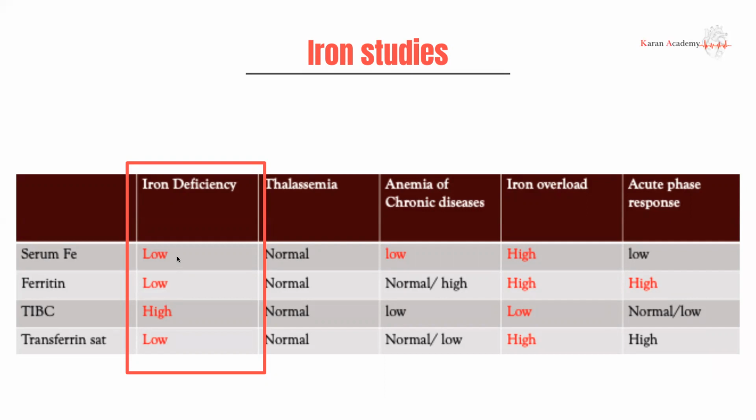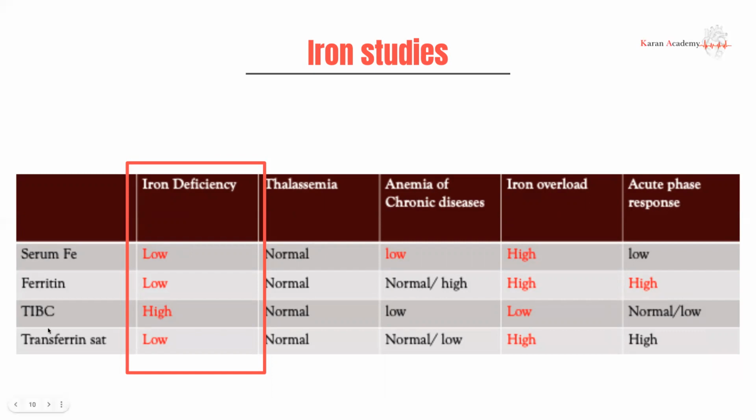Serum iron is also going to be low. However, serum iron is very unpredictable. It's not a good indicator of your body's iron status. People may choose to walk to the hotel. Sometimes it has a lot to do with the meals you eat and can spike irregularly. We don't want to look at serum iron.